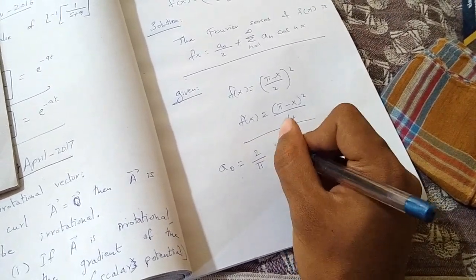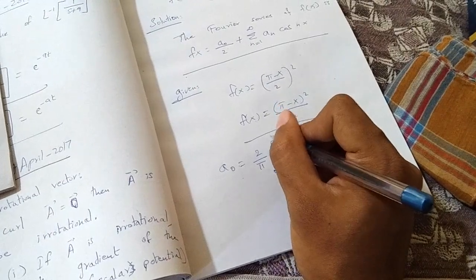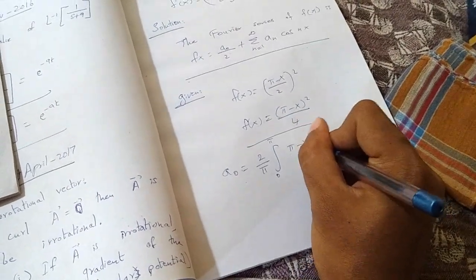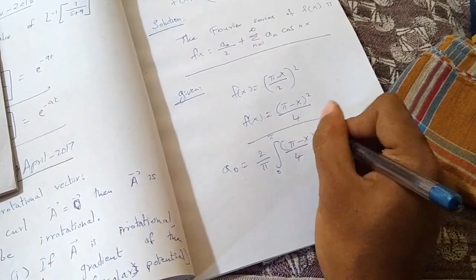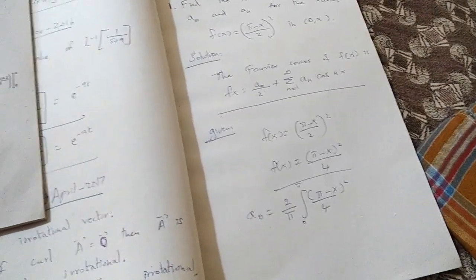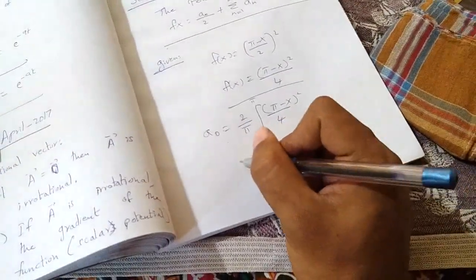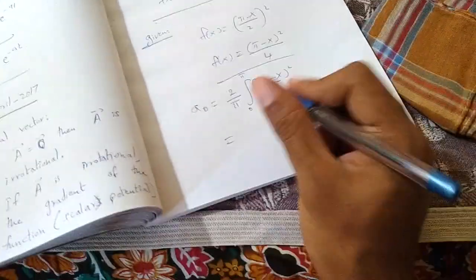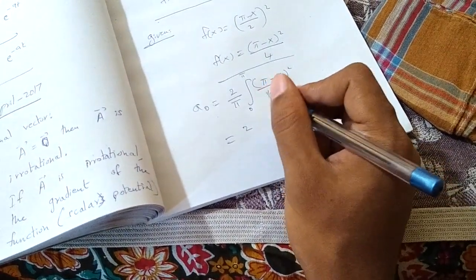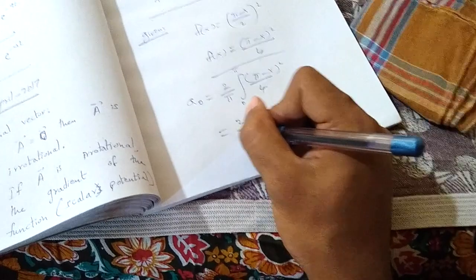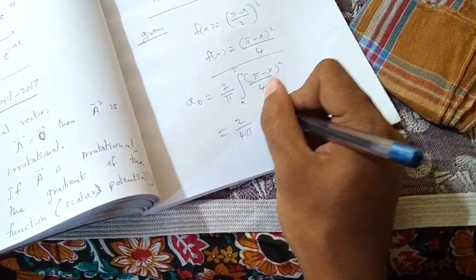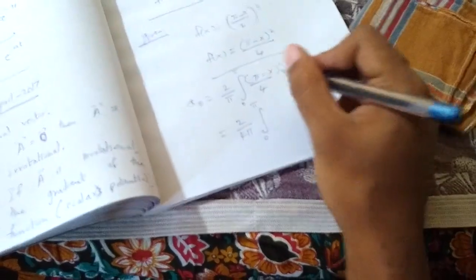It's 2 by pi integral from 0 to pi of (pi minus x) the whole squared by 4. Let's take the 4 out of the integral since it's a constant. So 2 by 4 pi, integral 0 to pi, let's square this.